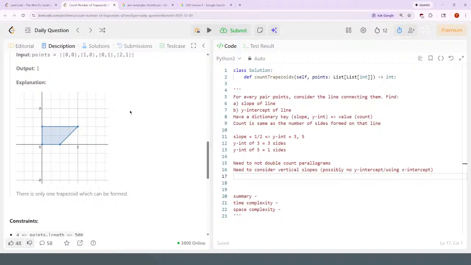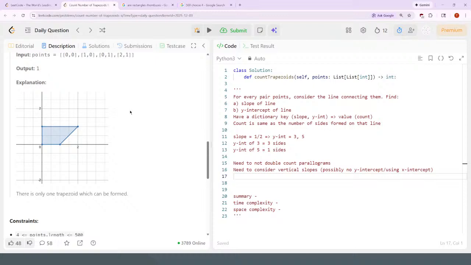That's disgusting. I don't even know how I would do that. Like I would need to keep track of the points that were involved in the creation of those slopes, intercepts.